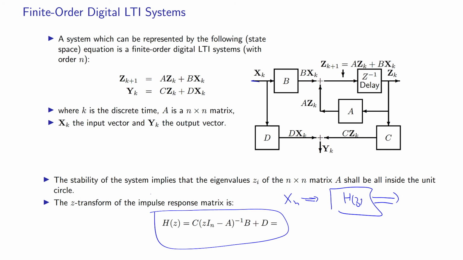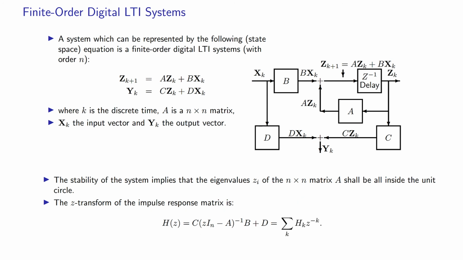And you see why the eigenvalues of these. So if you put the determinant of zI minus A equal to 0, you get the eigenvalues of A. And this gives you, if you write this as a matrix, the entries of this matrix are rational functions, then you can write it as the impulse response matrix.